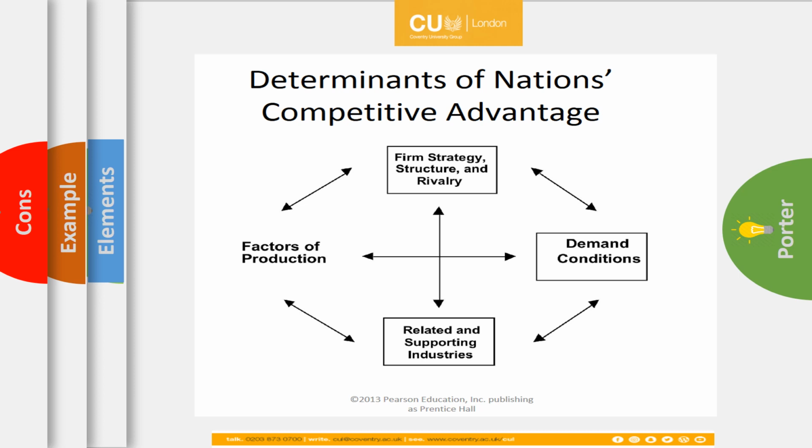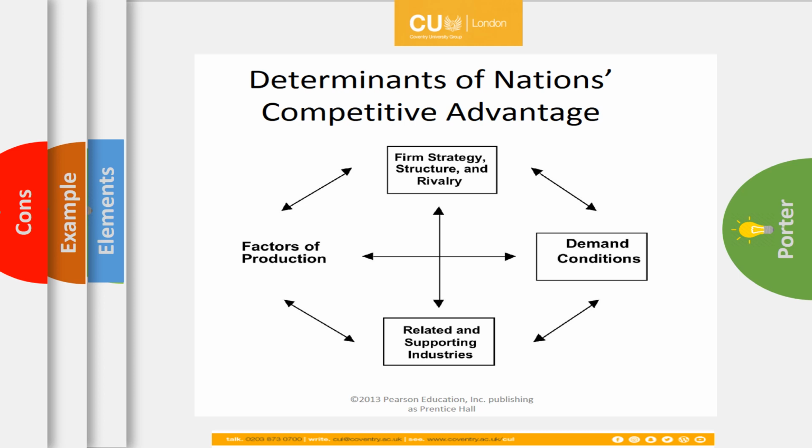And what are these determinants? Well, as you can see, there are four determinants here. They include the firm strategy, structure and rivalry, the demand conditions, related and supporting industries, and factors of production. But there are two more factors built into this: the policy of the government in that country or region, and also external conditions that may just come into it, so again, chance conditions.